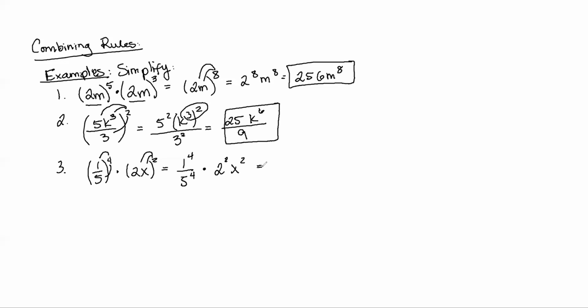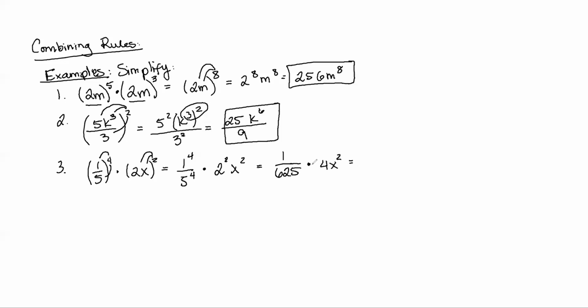And then I'll simplify separately, and then we can try multiplying. So 1 to the 4th, still 1. 5 to the 4th is not too bad, it's 625. And then 2 squared is 4. Can't simplify x squared.